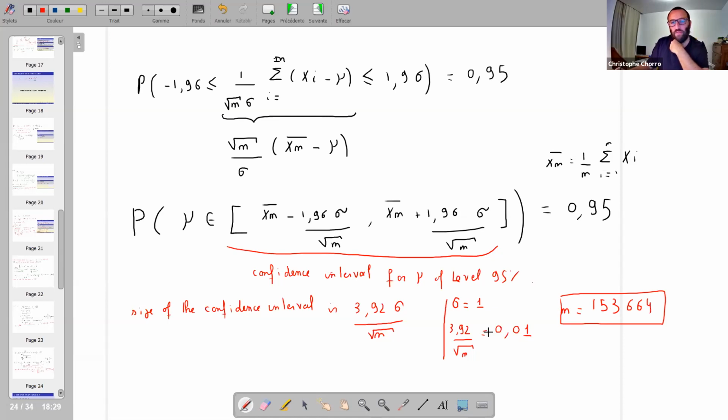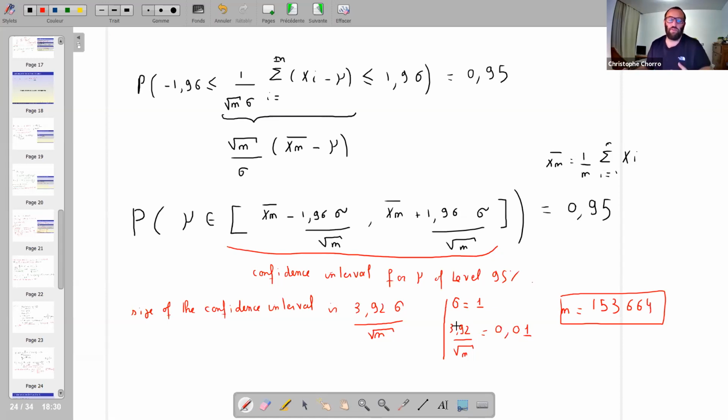But remember what we have done previously, because in the preceding video, we have seen how to build a confidence interval for the mean of a particular distribution without any hypothesis concerning the distribution, except the fact that I have random variables in L2.